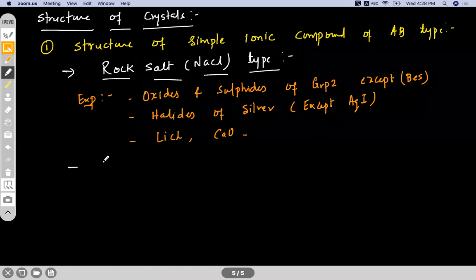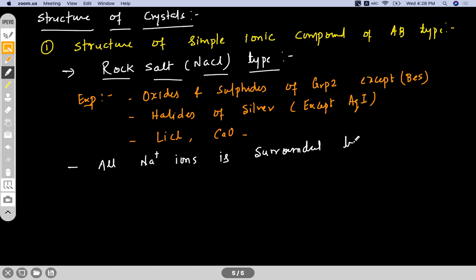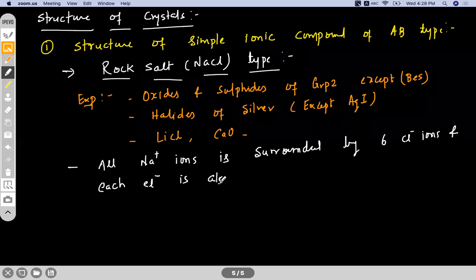So write down, all Na plus ions are surrounded by 6 Cl minus ions, and each Cl minus is also surrounded by 6 Na plus ions, right?